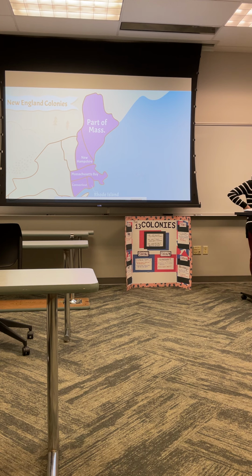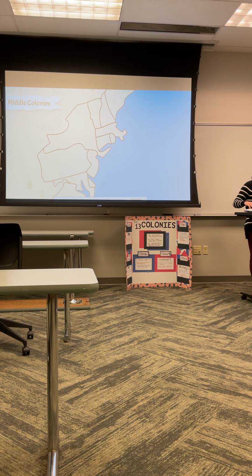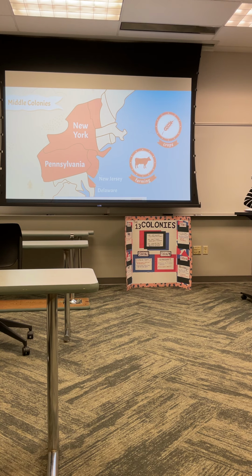The New England colonies were good for fishing and fur trading, but there was very little farmland. The Middle colonies were better for growing crops and raising farm animals.